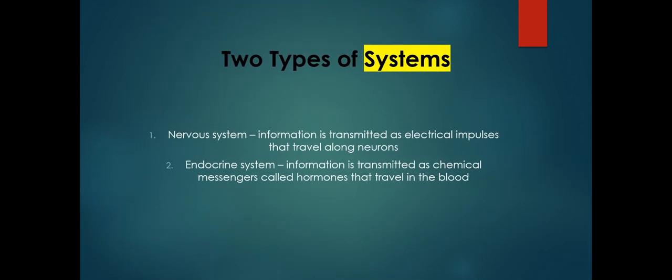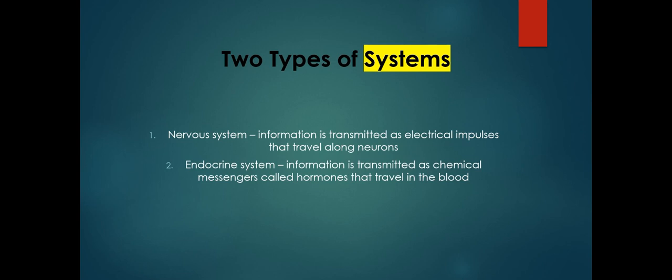Now, there are two types of systems in our body, the nervous system and the endocrine system. These two systems play the major role in the homeostasis of our body.